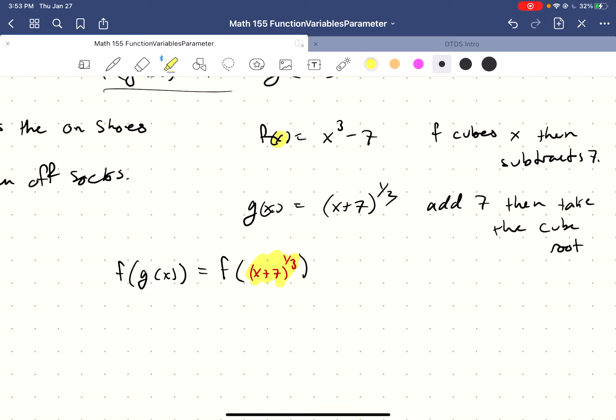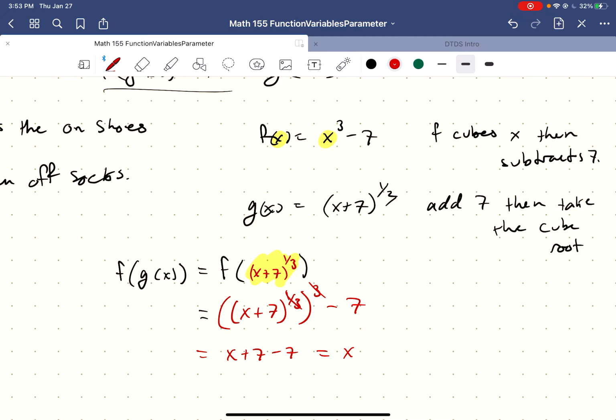What f does to an input is it cubes it and then it subtracts 7. So I need to cube this quantity, and then I have to subtract 7. And the cube and the cube root cancel. And so I get x plus 7 minus 7, which is, of course, just x.